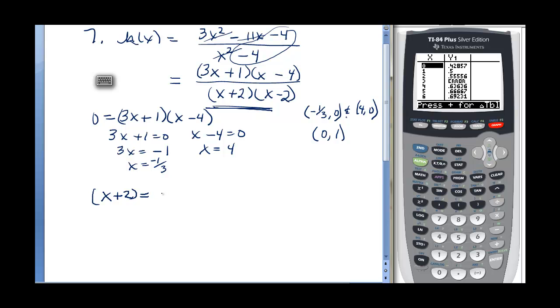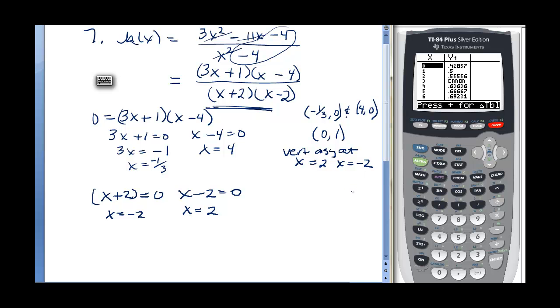So I'm going to have x plus 2 is equal to 0 and x minus 2 is equal to 0. So x is going to be -2 and x is going to be +2. So I have vertical asymptotes at x equals 2 and x equals -2.